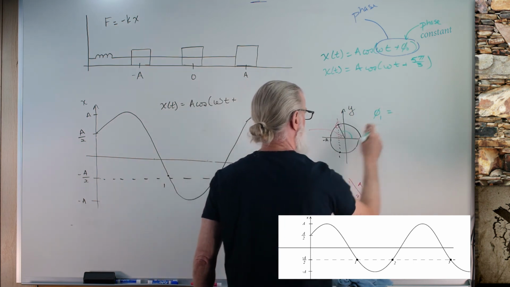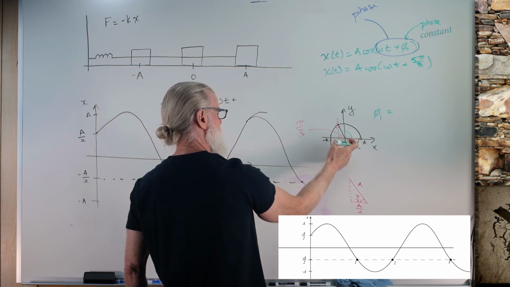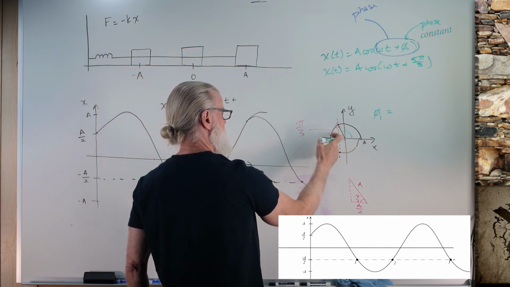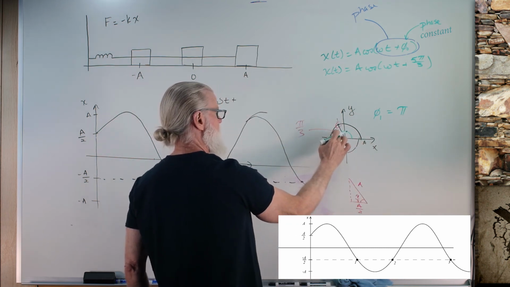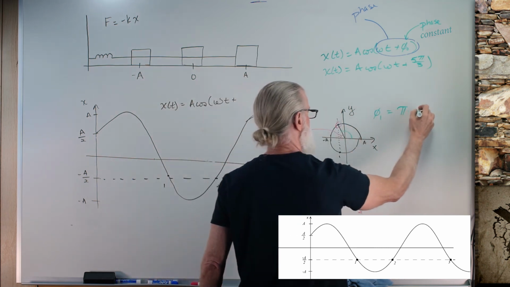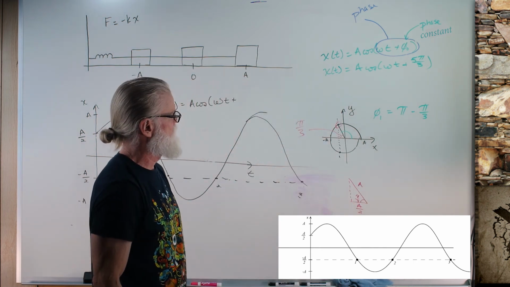Phi 1 starts from here, and all the way here is pi, but I don't make it all the way here. I make it to pi minus pi over 3, because that angle is pi over 3.